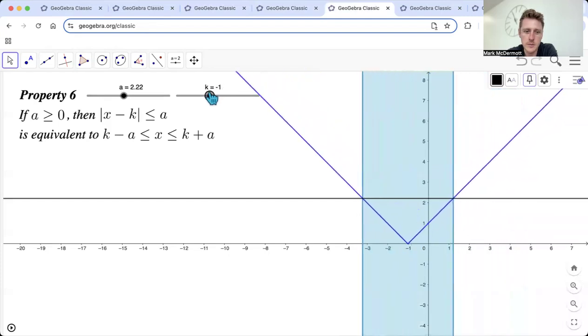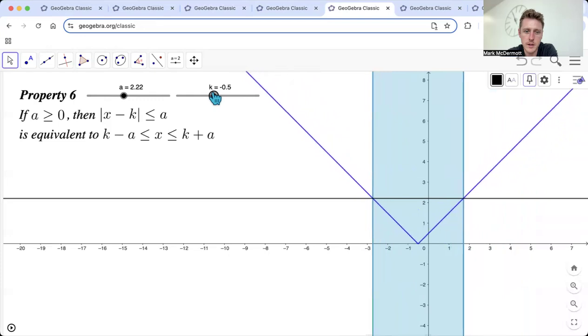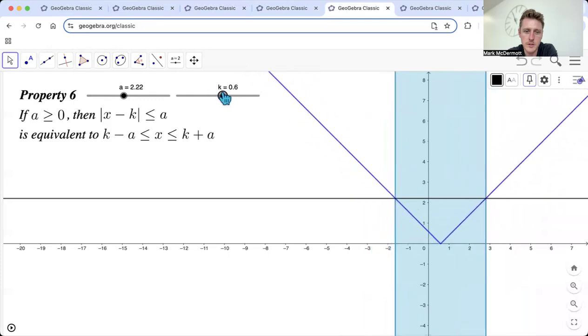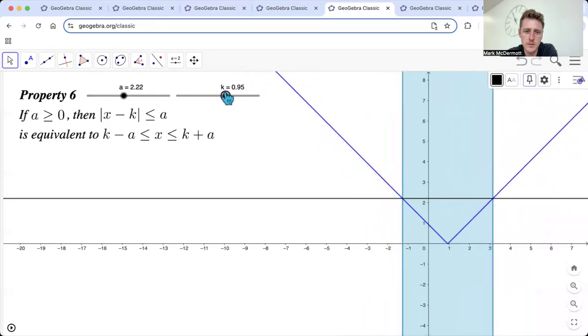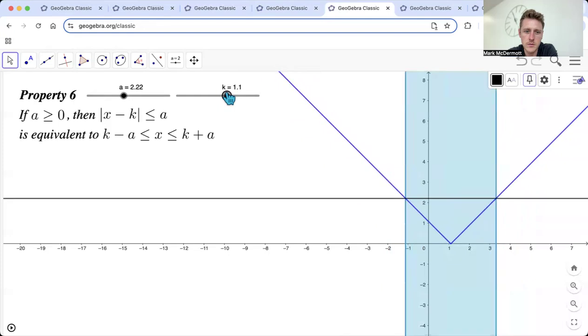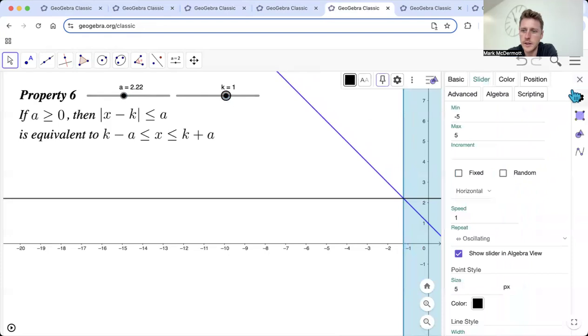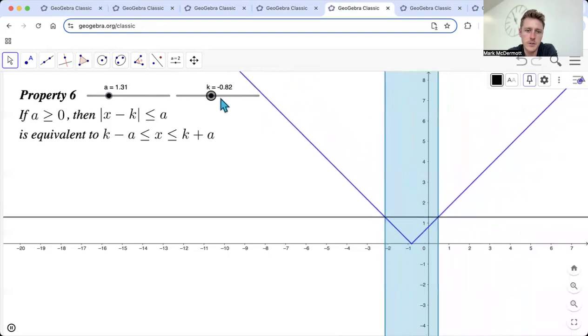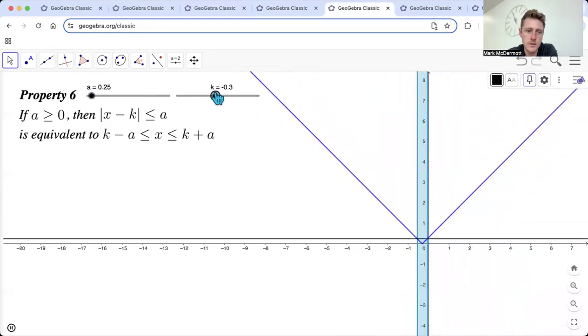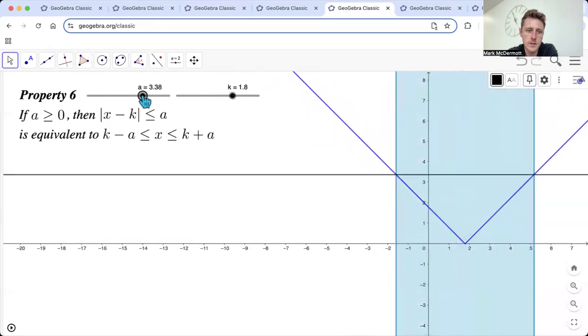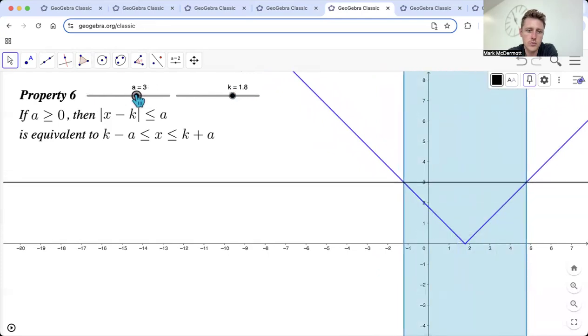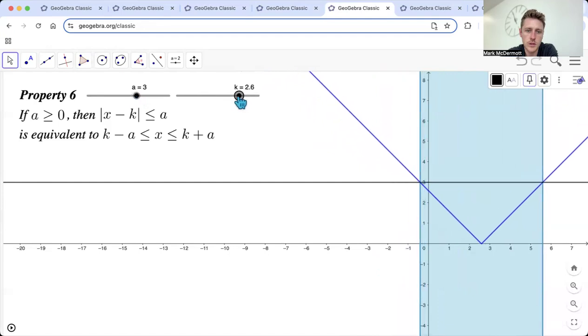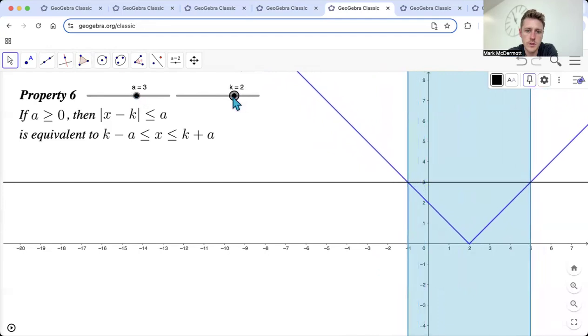Let's put k to be 2. Okay. All right. So A is greater than or equal to 0.